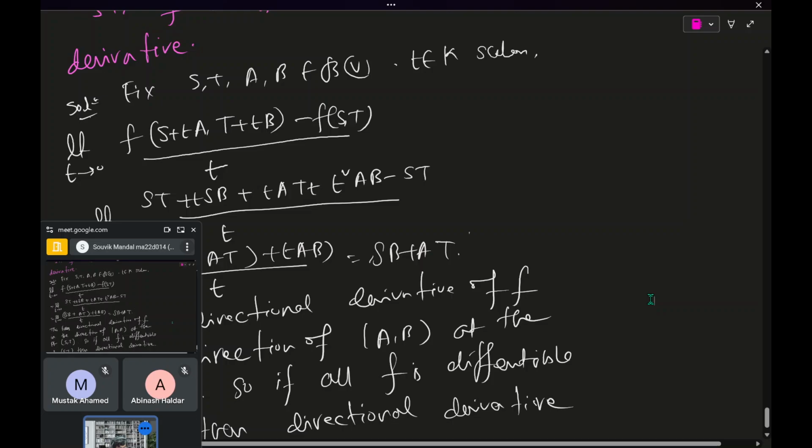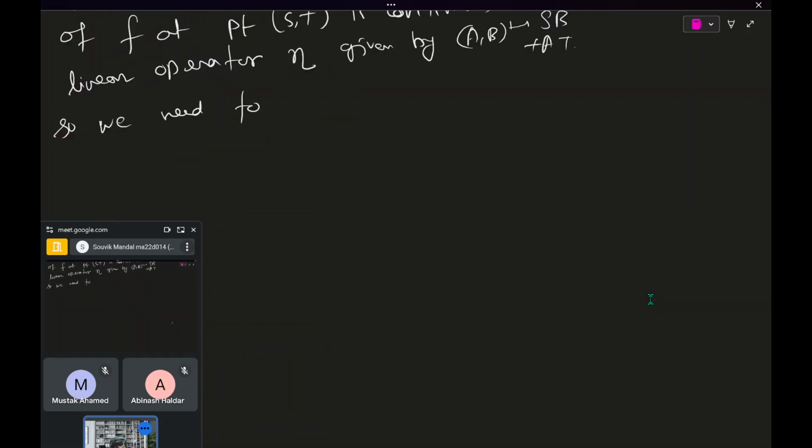So what we need to check is the limit as (A, B) goes to (0, 0) of the norm of f(S plus A, T plus B) minus f(S, T) minus eta(A, B), divided by the norm of (A, B).